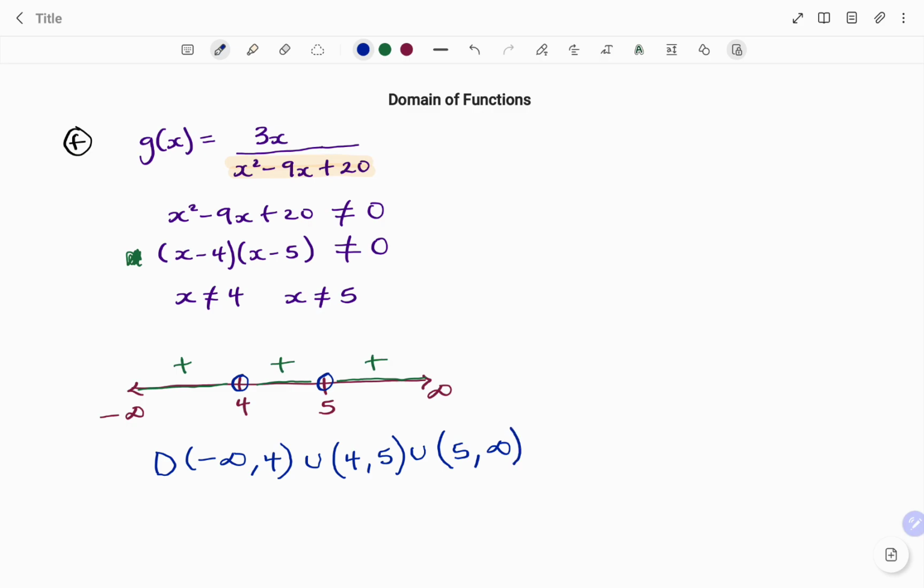So that way I've accounted for values between negative infinity and positive infinity, excluding 4 and 5.